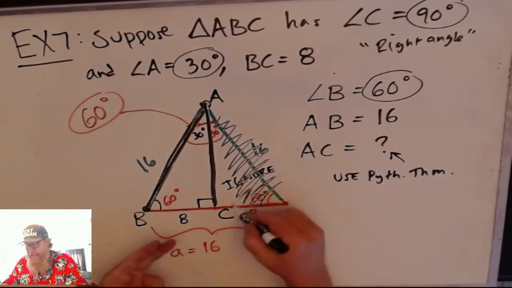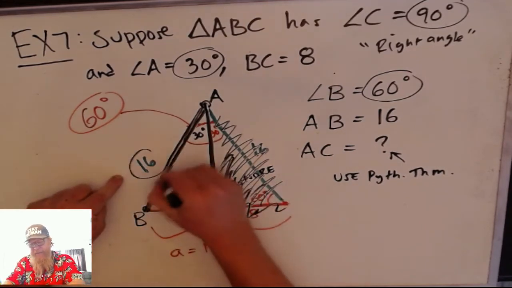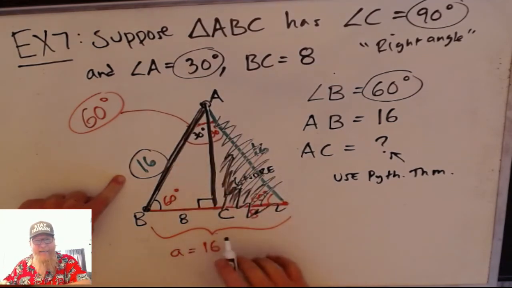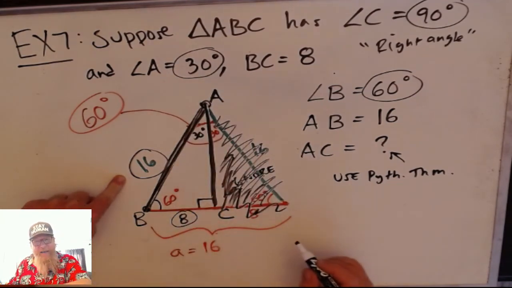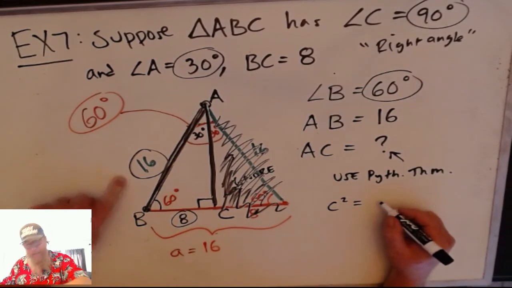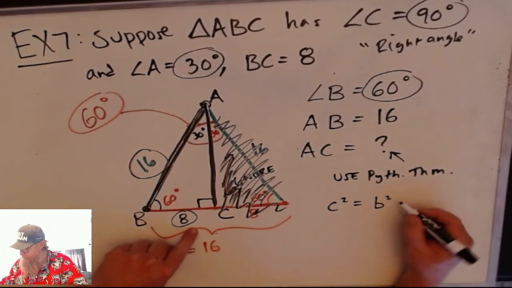I only used that side to figure out that this was 16. Once I'm done with that, I don't need it anymore. So now I've got c squared equals b squared plus a squared.